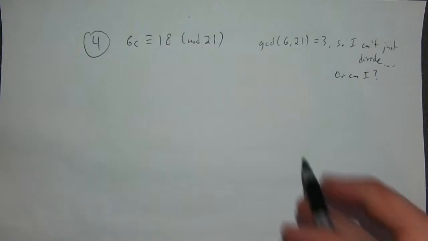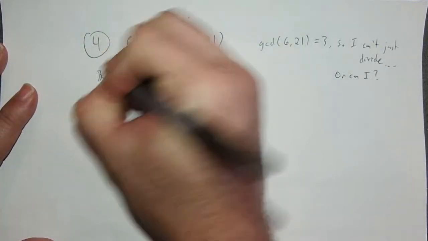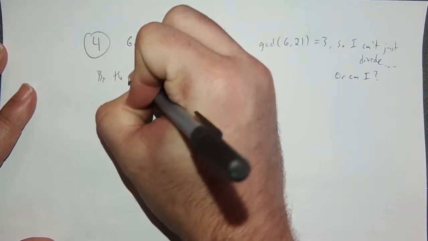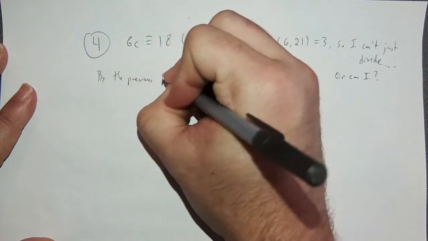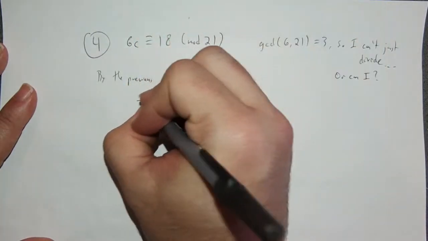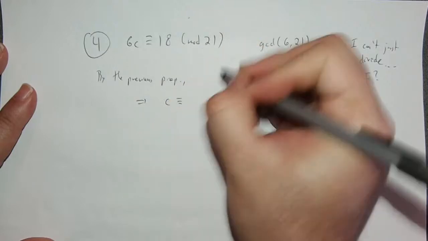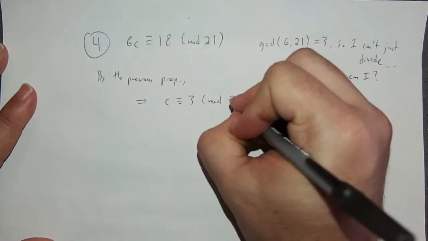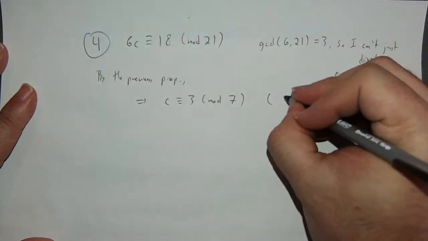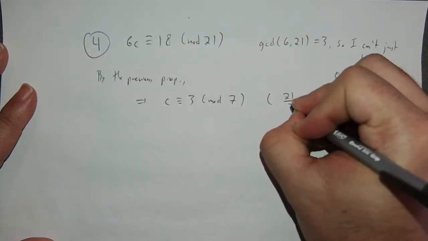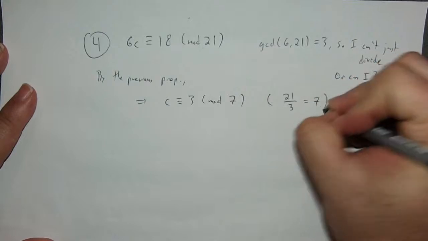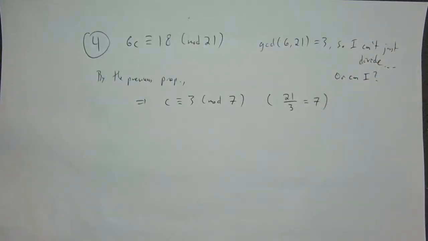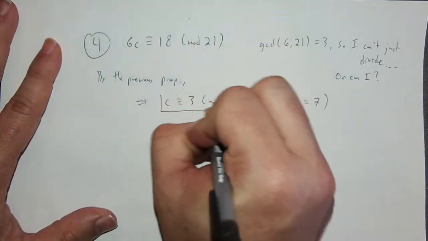And so by the previous proposition, c is congruent to 3 mod 7, because 21 divided by 3 is 7. Okay. So c is congruent to 3 mod 7.